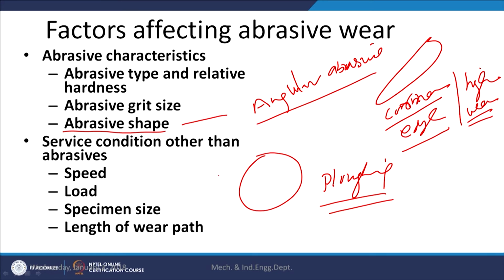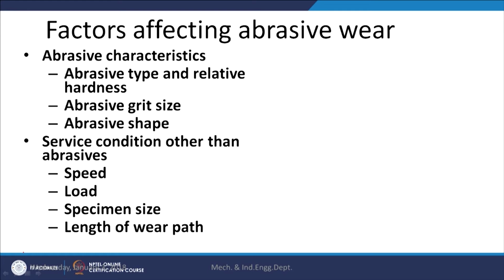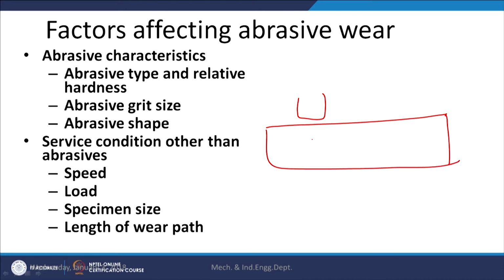The other factors are speed, load, specimen size and the wear track. In abrasive wear, there is the speed at which the abrasive medium is moving over the surface of the workpiece. It may move at, say, 0.1 meter or 2 meter per second.